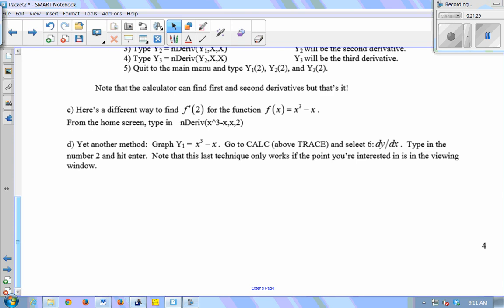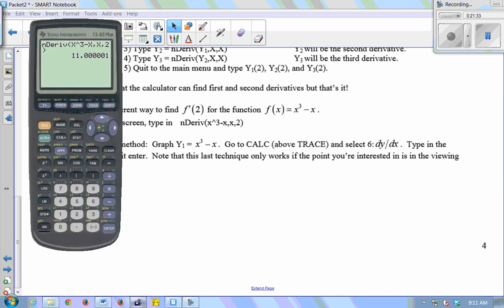I also have one more method. I can graph x cubed minus x. So let's go to y equals and clear out my derivatives. So I'm just graphing my y0, my original f, x cubed minus x. I'll do like a zoom 6.